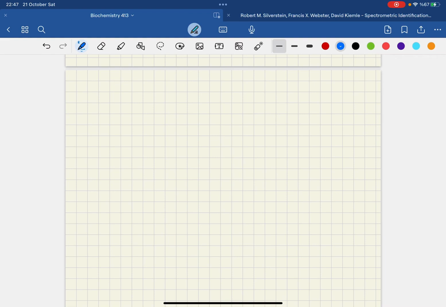And then an important thing over here is that we need to know how to decide the pI of an amino acid. So what is that? Eventually we need to make a small calculation.